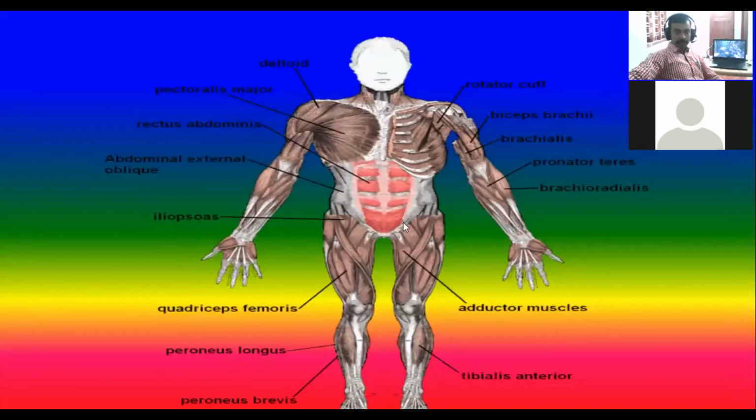This picture shows the different types of muscles: skeletal muscle, deltoid, which is skeletal muscle. Detail will be in anatomy.